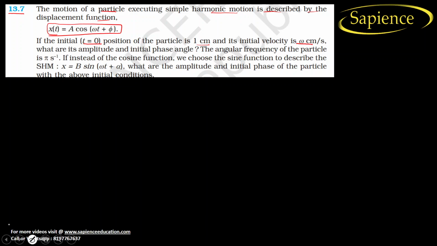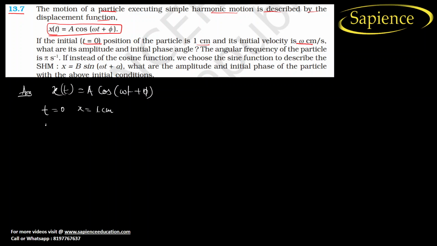So as per the question, they have given the equation x at a time t is equal to A cos(omega t plus phi). Now at a time t equal to 0, the particle displacement x is equal to 1 centimeter.